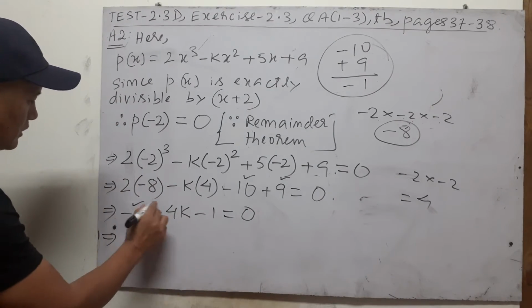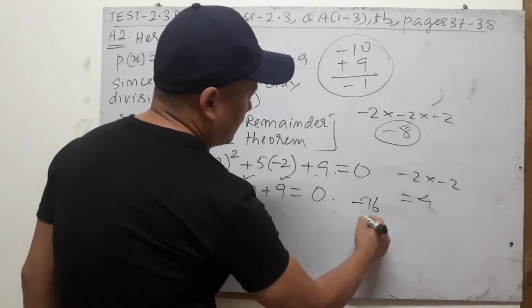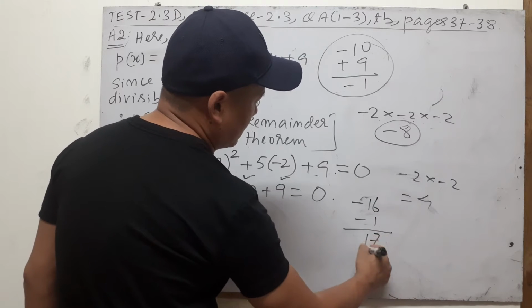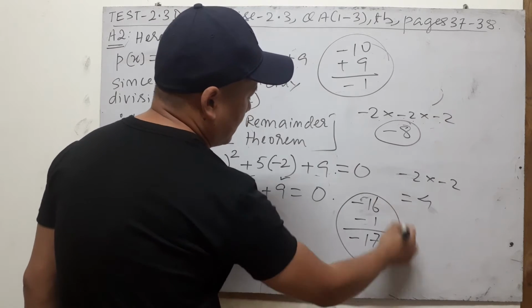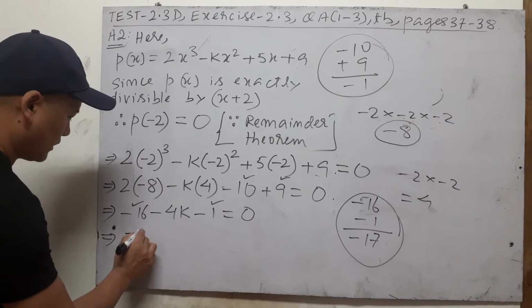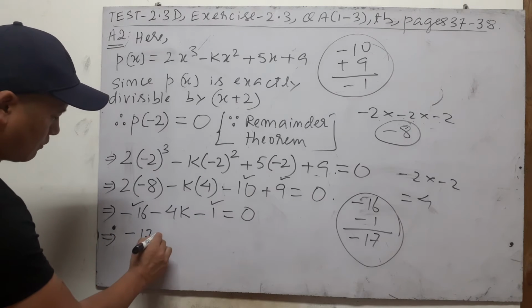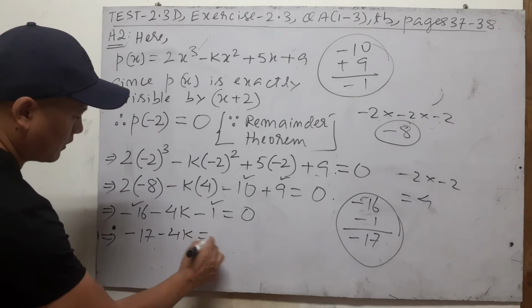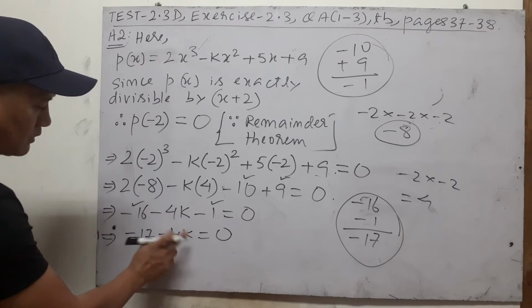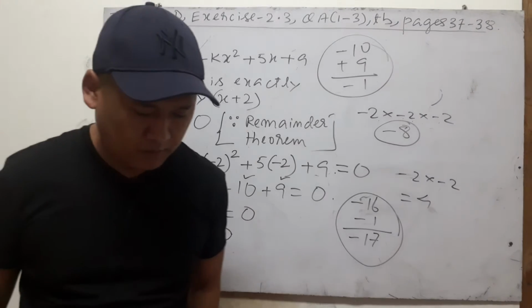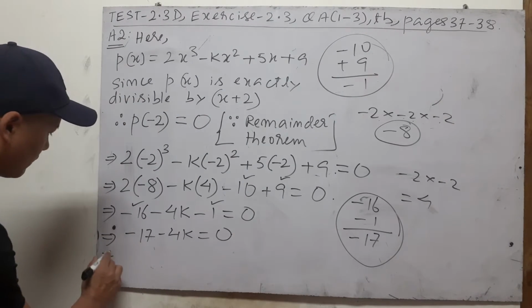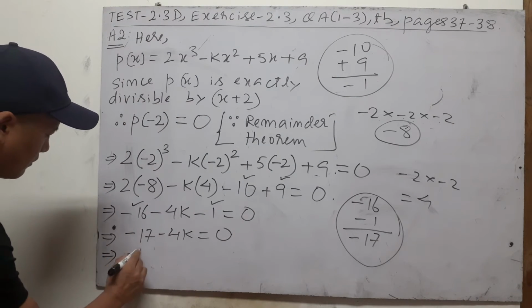Then minus 16 minus 1: when both are minus, we add, so it will be 17, and both are minus so the sign is minus, giving minus 17. Then here, minus 17 minus 4k is equal to 0.